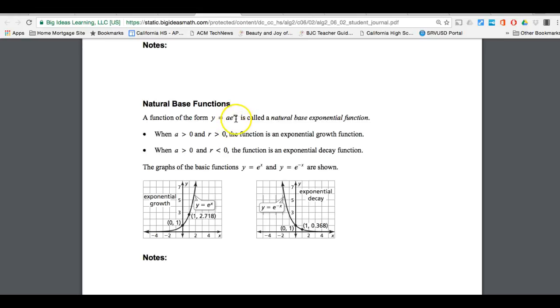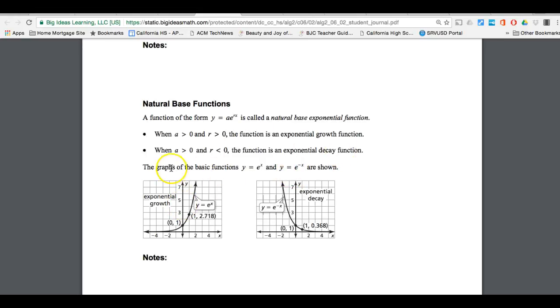Either the term that we're multiplying our variable by is going to be positive or it's going to be negative. It's either going to be greater than 0 or less than 0. So if we have a positive value for r, so if our exponent's positive, this is going to be an exponential growth function. If our exponent is negative, then it's going to be an exponential decay function.